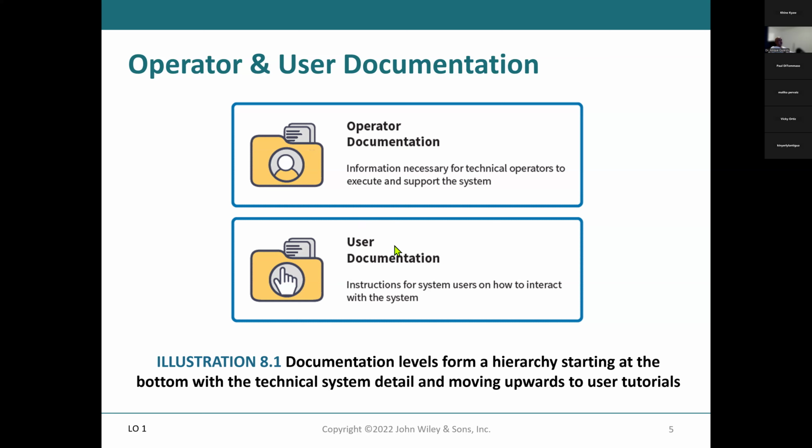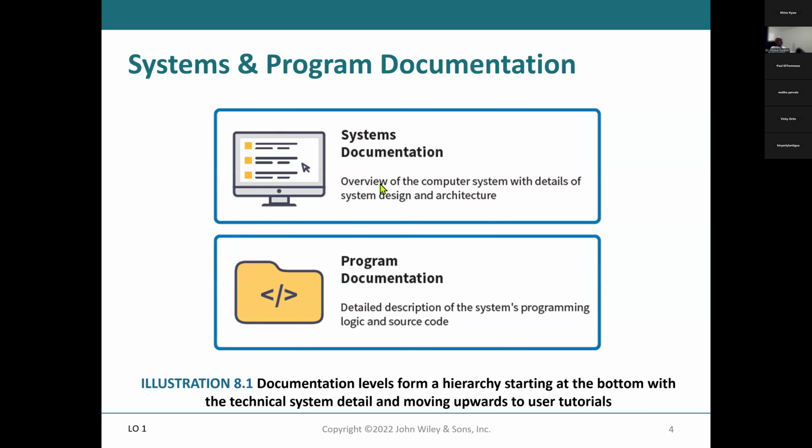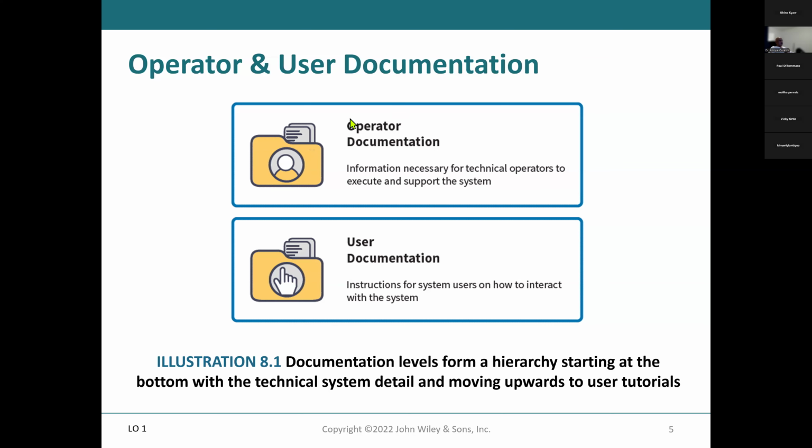In the past, you would have someone between the user and the program that you're using, doing quite a few things. Nowadays, probably a better way of looking at operator documentation would be someone who is in tech support and the type of information they are likely to provide.